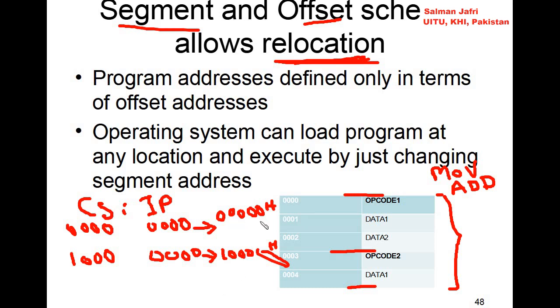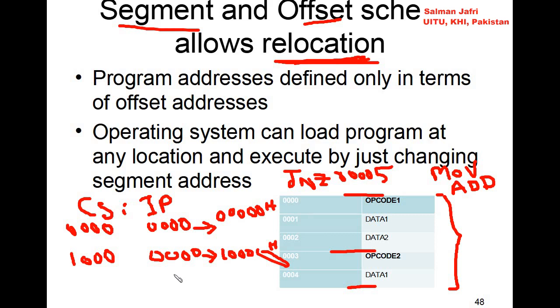For example, if in the first case we executed an instruction such as JNZ 0005, what we actually meant was that we were moving to the offset 0005. But now when the segment address changes, this 00005 would translate into 10,005. So this instruction would need to be changed if we are talking in terms of physical addresses.